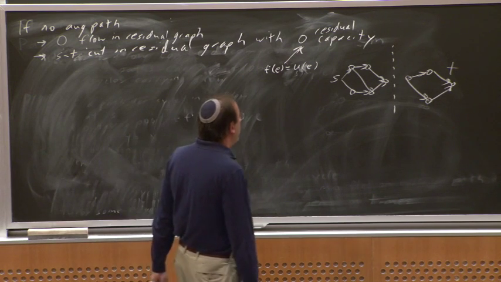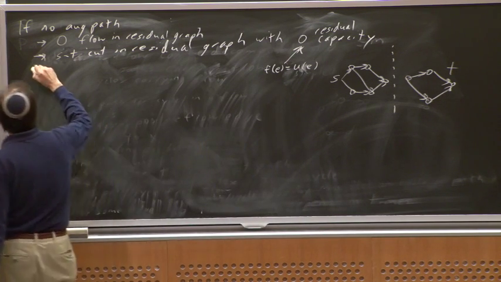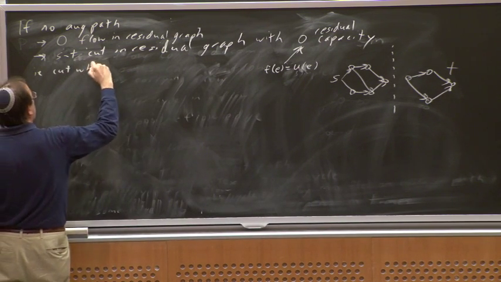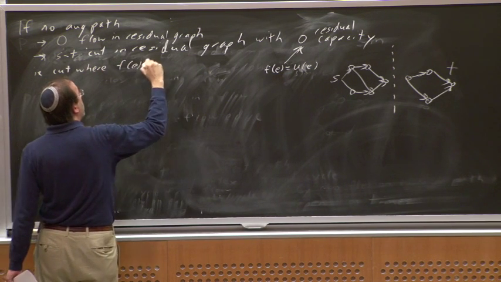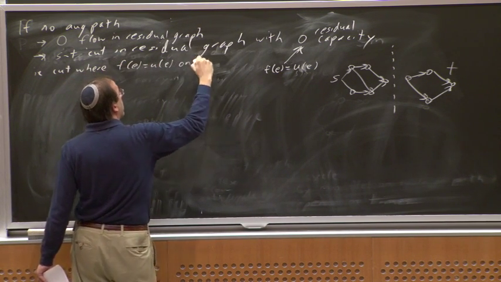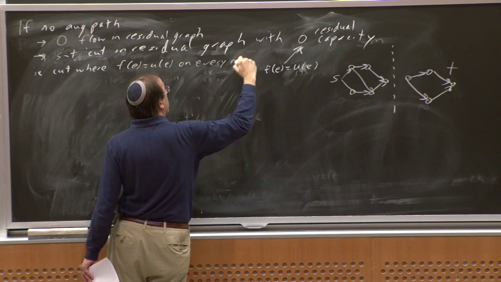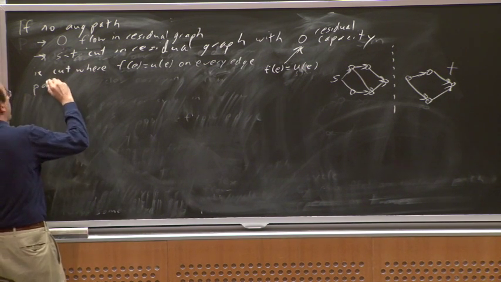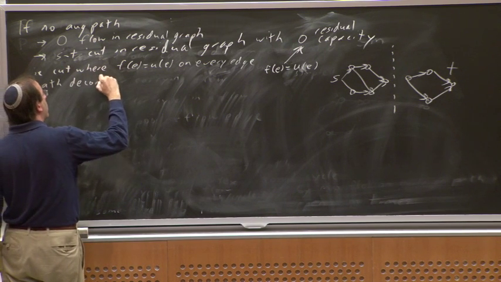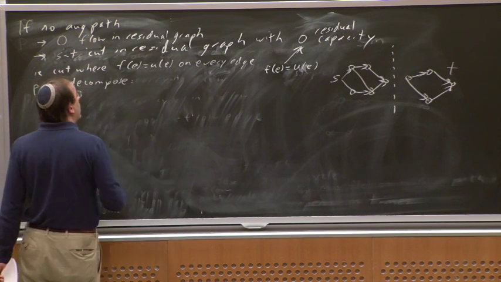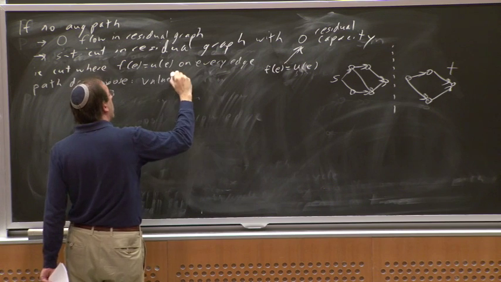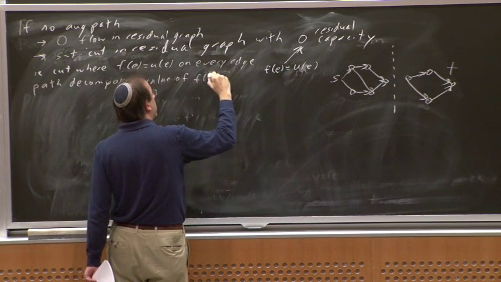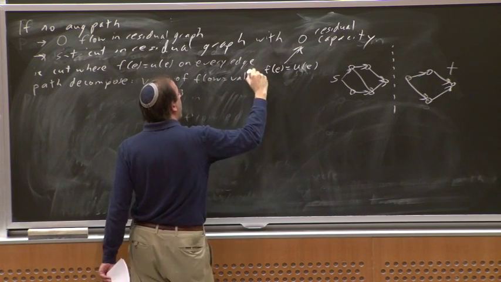Okay? So in fact, what we have is a cut where f of e is equal to u of e on every edge crossing that cut. But what that means, if we now do path decomposition, is that the value of the flow is equal to the value of that cut.